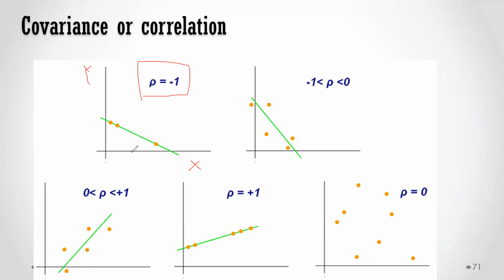When X increases by 1, Y will decrease by a number proportional to the slope. So we can observe a very strong linear relationship. It's a straight line. So -1 tells us these two stocks have a perfect negative relation. It's perfect negative correlation.